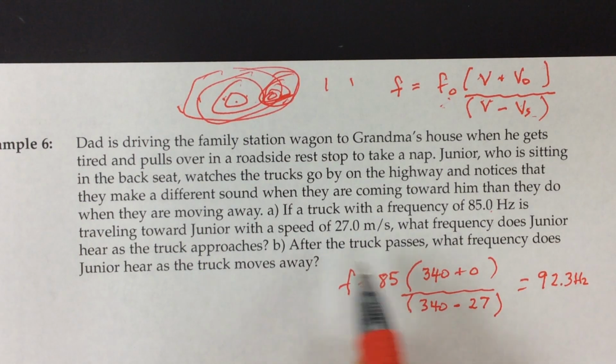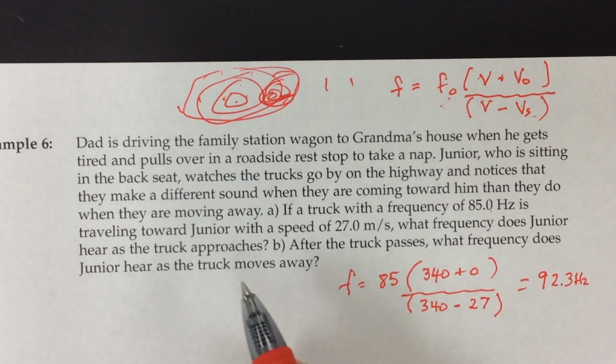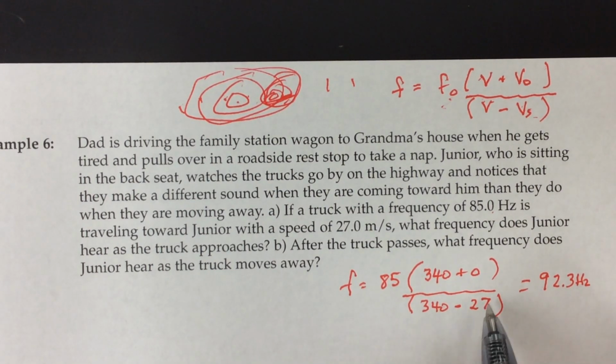After the truck passes, what frequency does Junior hear as it's moving away? Well, the only thing that's going to be different is this is going to be a negative 27, so you're going to subtract a negative 27, which adds.